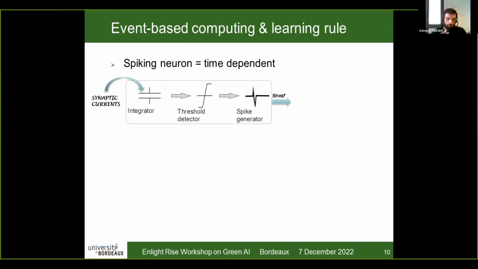Basically, those are voltage pulses, and the amplitude of those pulses does not really matter. What matters is more the timing between pulses or their frequency rate and so on. And basically, a spiking neuron integrates synaptic currents. And once it has integrated enough of those currents, it reaches a threshold and it will emit a spike itself. Okay. So an event at its output.